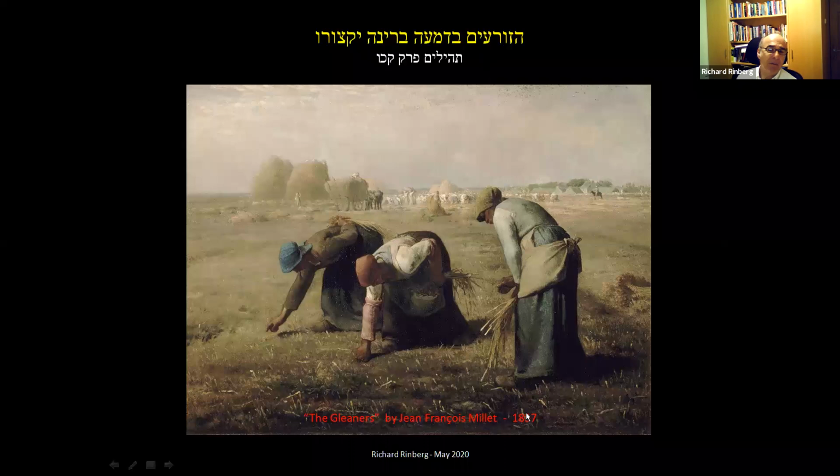And here's a beautiful picture by Millet of the gleaners, and we think of Ruth. And whenever we come to say Birchat HaMazon, or benching, which comes from Benedictus, actually from the Latin, we say this phrase from Tehillim, Hazorim Bedima Berina Yiktsaru, which generally we translate with a comma in the middle, Hazorim Bedima, so someone who plants when they're crying with tears in their eyes, Berina Yiktsaru, with joy they will reap.